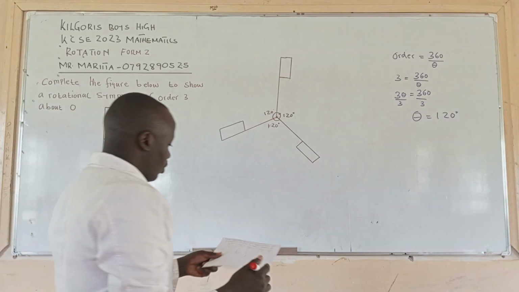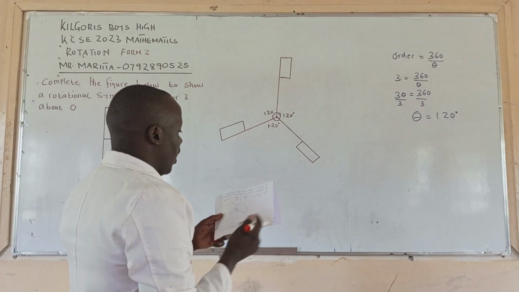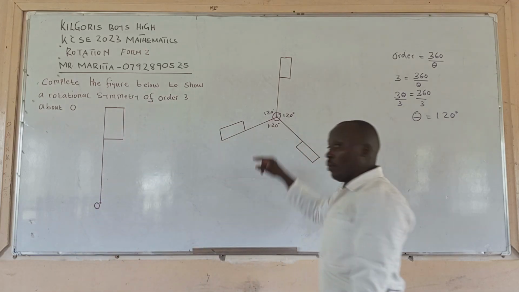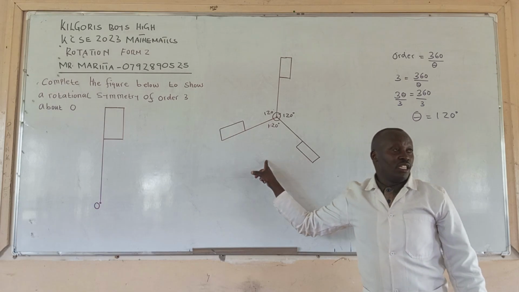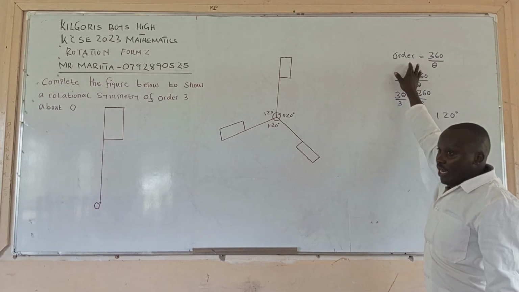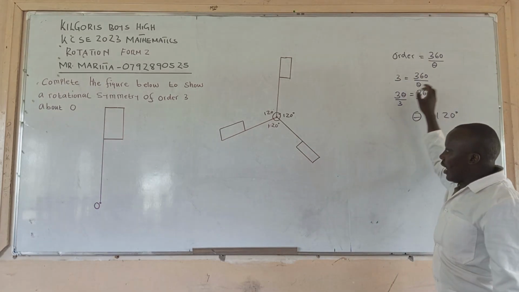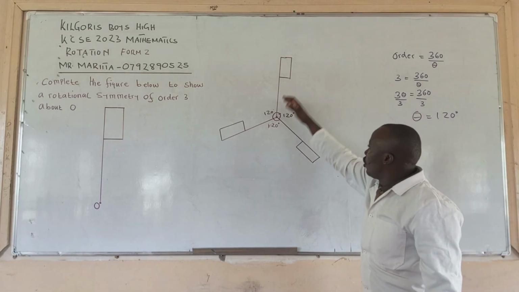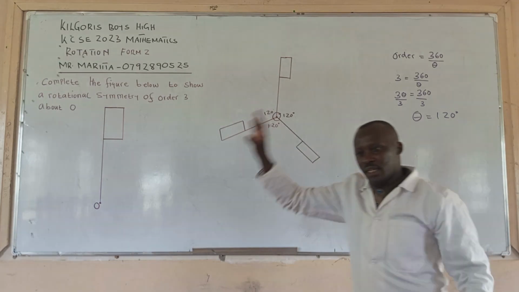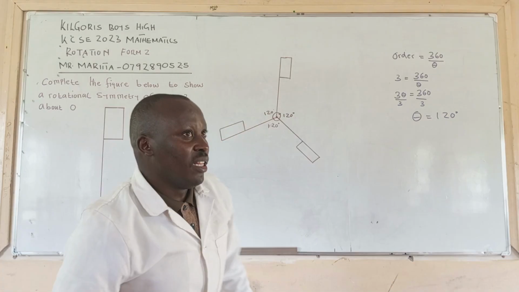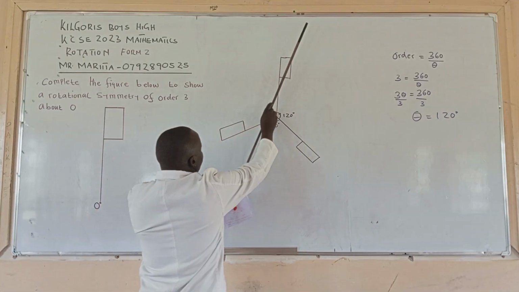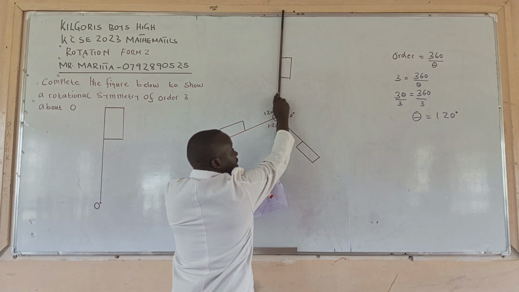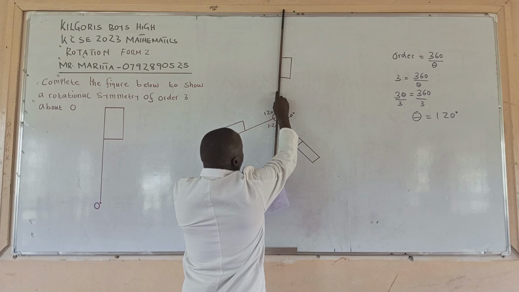To complete the figure to show a rotational symmetry of order 3 about O, make sure you use the formula to get the order, then after getting theta, you measure. It is order 3: 1, 2, 3. Then you check the shape of the rotation. We are rotating in the clockwise direction.